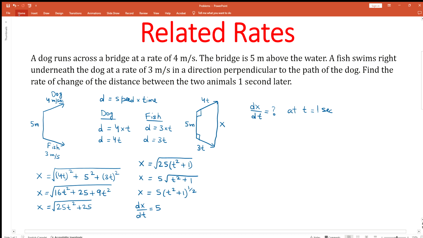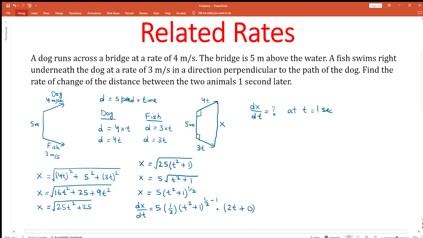We should use the power rule. We move the exponent half to the front of the term and subtract 1 from half in the exponent, times the derivative of the inner function t^2 plus 1. The derivative of t^2 with respect to t is 2t as per the power rule. 1 is a constant, so its derivative is equal to 0.